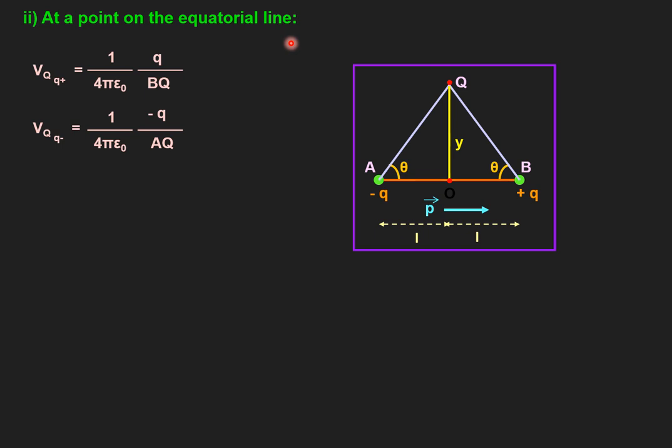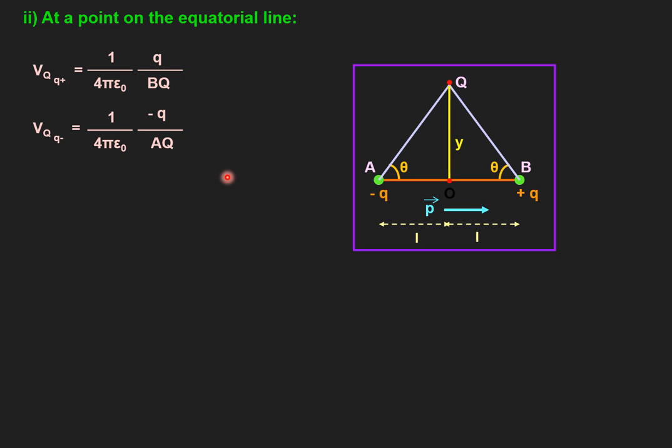So VQ due to positive Q will be Q divided by 4 pi epsilon naught times the separation, which is BQ. Similarly, due to minus Q, it will be minus Q divided by 4 pi epsilon naught times the separation, which is AQ.